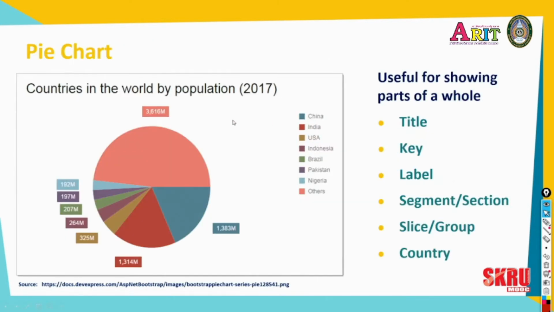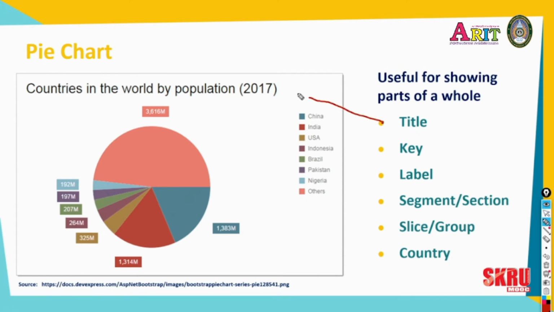Let's move on to our second kind of chart, a pie chart. Pie charts are another very common way of representing data. Remember, if you're describing a pie chart, it always represents one, a whole. In this case, it's the population of the Earth, the world, in 2017.